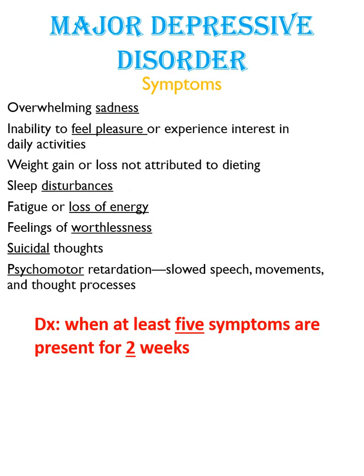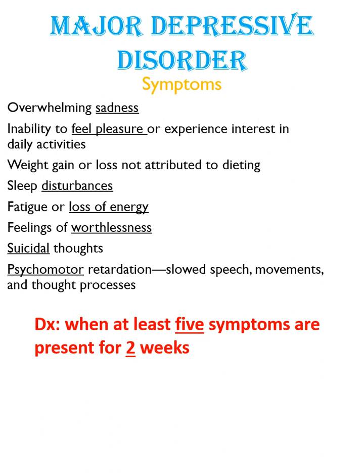Okay. So major depressive disorders. This is going to be an overwhelming feeling of sadness, an inability to feel pleasure, which remember anhedonia, weight gain or loss that isn't due to dieting, sleep disturbances, fatigue, energy loss, feelings of worthlessness, and suicidal thoughts, and that psychomotor retardation.